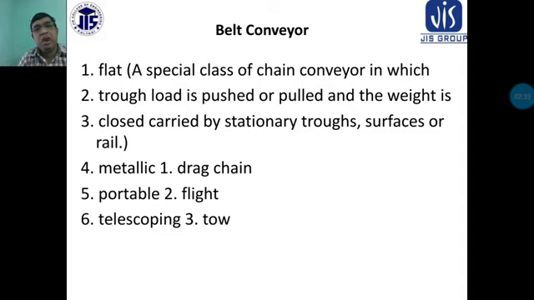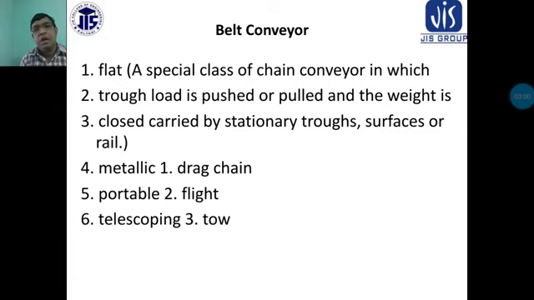The driver pulley gives the movement in the forward direction, and the driven pulley is the follower, which is considered in the opposite direction.